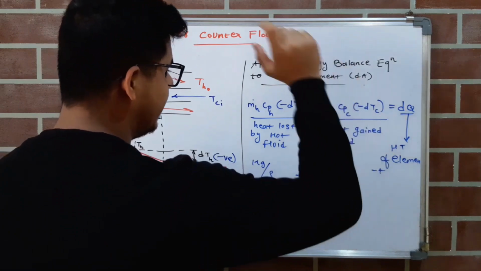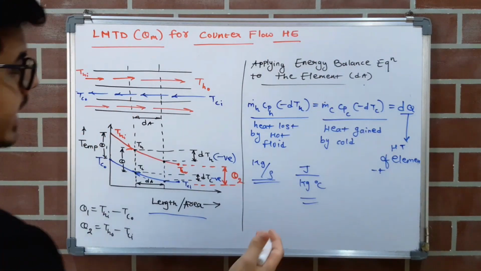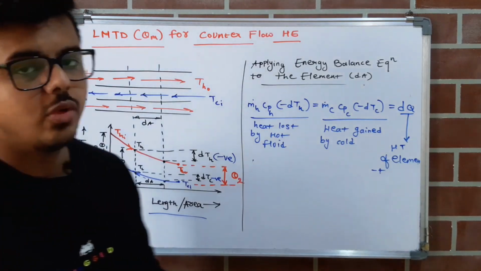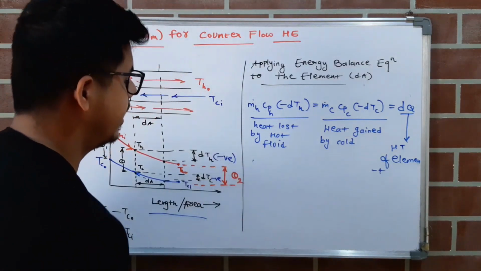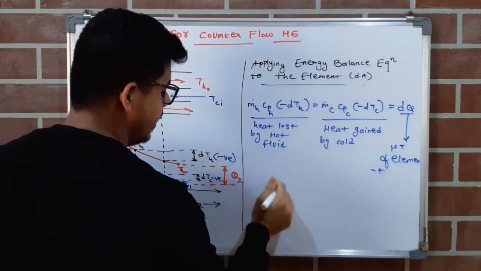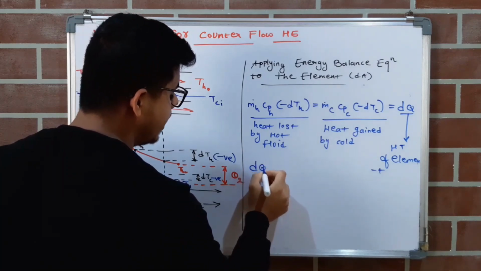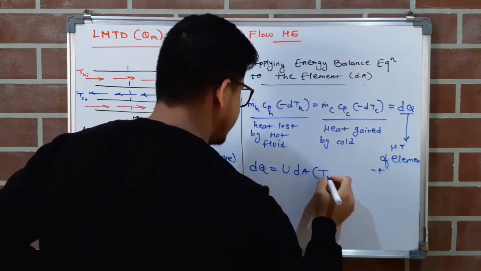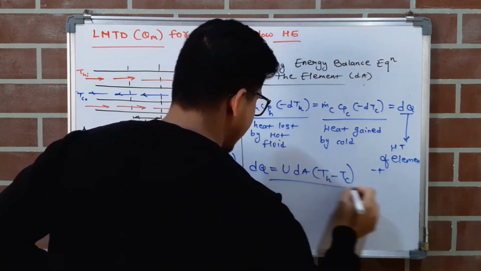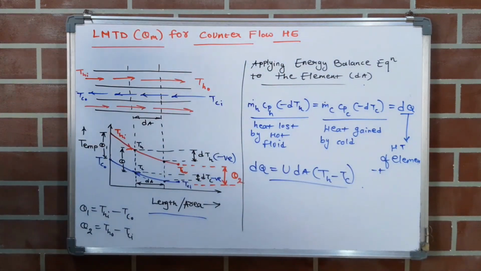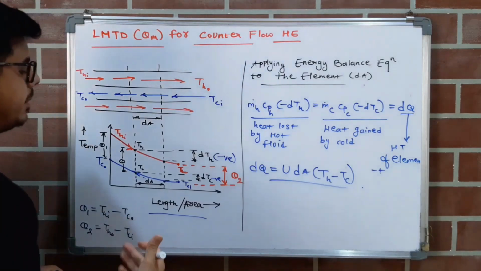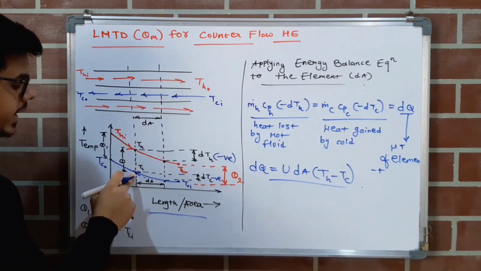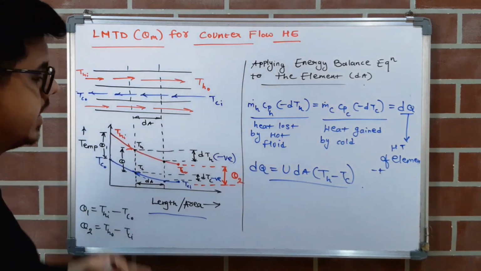And dQ, what will be the formula of dQ? I forgot to write that. If you have watched my previous videos, then you will know that the formula of dQ will be U dA into what? Into Th minus Tc, because at an instant, let's say at time t, we have the temperature of the hot fluid as Th and the cold fluid at the same instant as Tc.